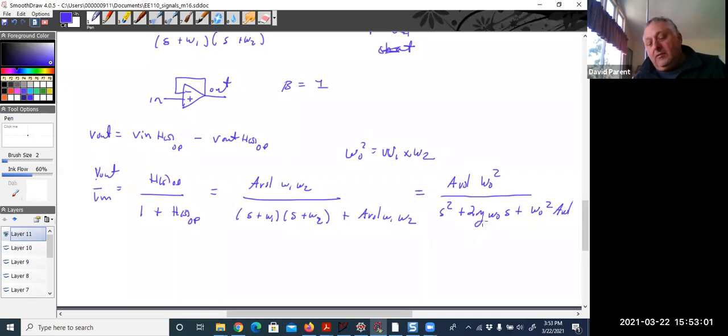So the thing is, if zeta is 1, you have two repeated poles that are the same. If it's greater than 1, you have two distinct poles, and so it's overdamped. And if zeta is less than 1, you have a pair of complex poles, and so it's underdamped.